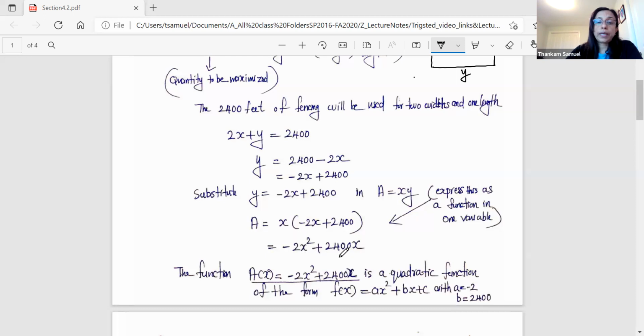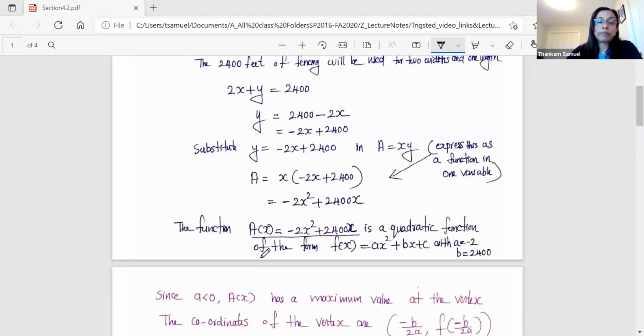So we expressed the area in terms of one variable. So we can call it a function and use the function notation. A of x equals minus 2x squared plus 2,400x is a quadratic function of the form f of x equals ax squared plus bx plus c, with the leading coefficient a equals -2 and b is 2,400, that is the coefficient of x, right?